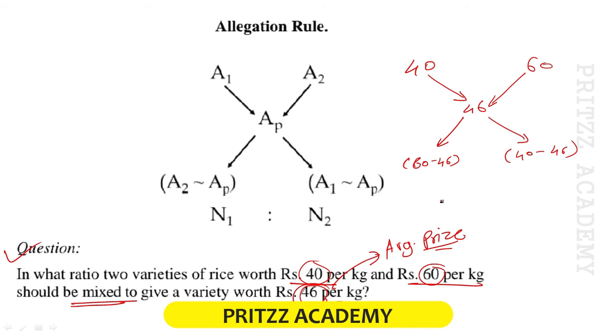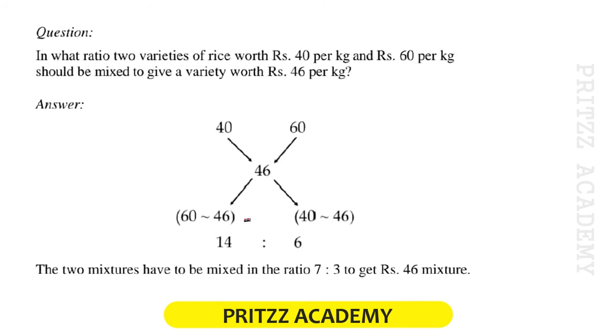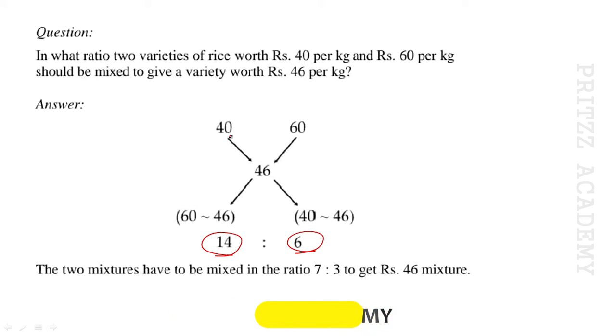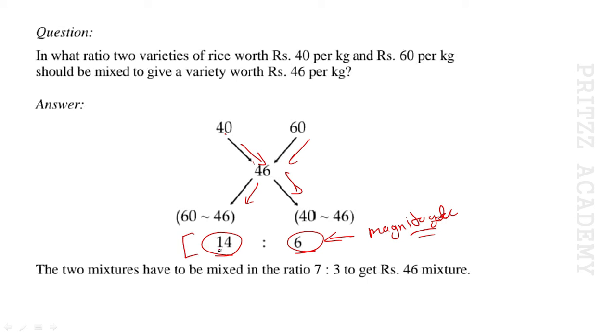That's how we can get 14 and 6. Okay, we just subtracted 40 minus 46 and 60 minus 46. We just need to use the magnitude because it's quantity, it can't be negative, so this is what we get as the ratio for quantity.